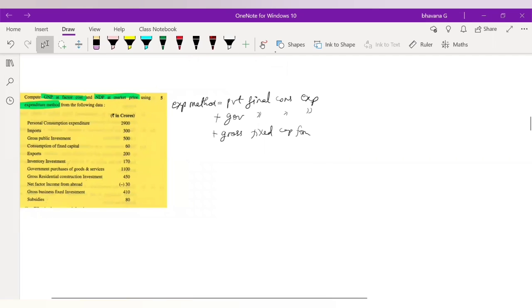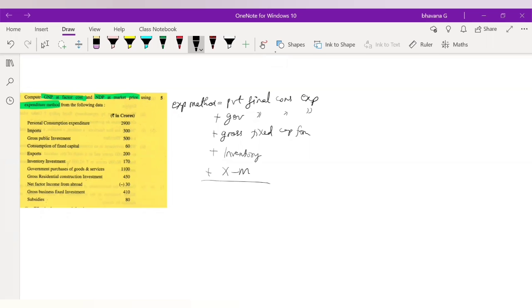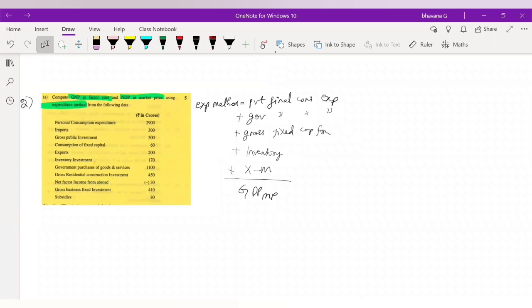So now from the question we'll start picking up. Okay, and also, in the end you will also have inventory, and you will have to do exports minus imports. So all of this, if you do, using your expenditure method, you will get your GDP MP. Okay, so first we'll start with private final consumption expenditure. So here you have, see, personal consumption expenditure, which is 2,900.